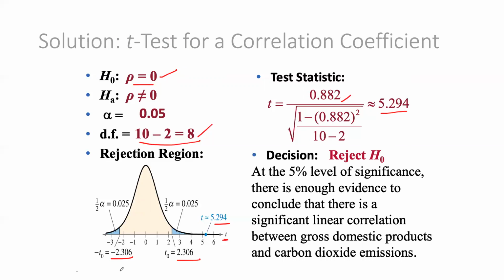And then you can use that to find the critical values, t0 is negative 2.306. Calculate the test statistic, which is r over the square root of (1 minus r squared) divided by (n minus 2). So you find the test statistic and figure out whether it is inside the rejection region or not. If it is in the rejection region, you reject the null hypothesis. If it's not, you fail to reject the null and go about your way. Okay?